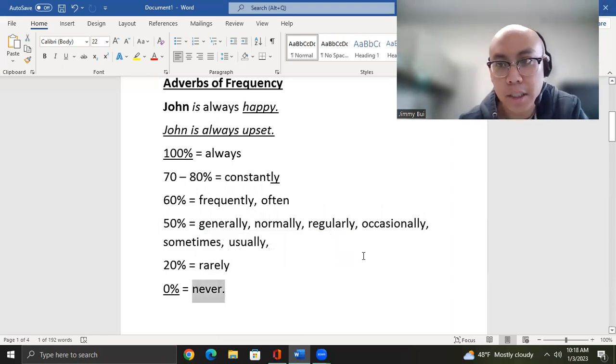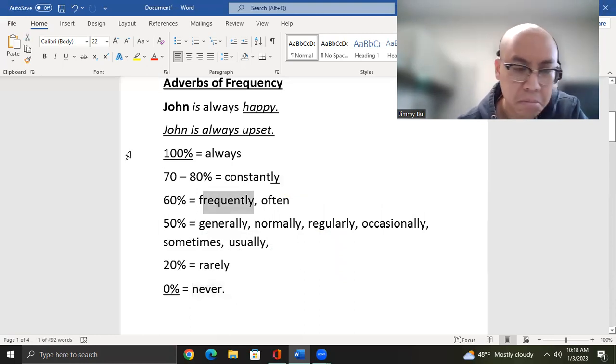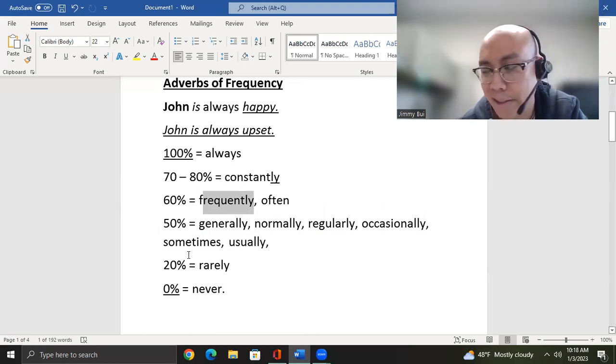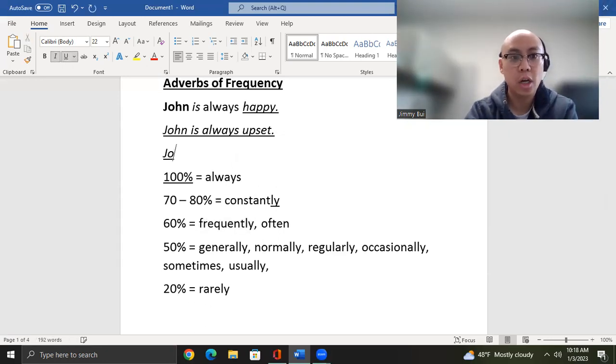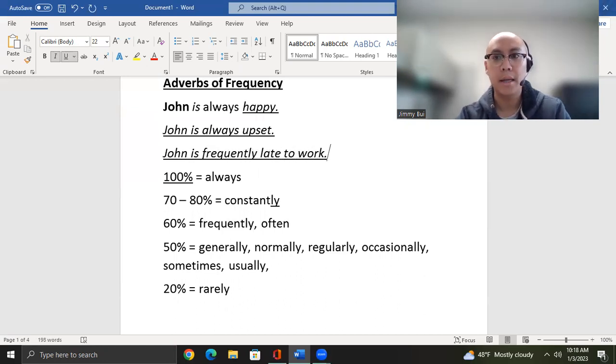Now, these percentages are my opinion. Somebody else can say, well, frequently could mean 75%. It probably is closer to that. There's no exact number. There's no absolute. So if I said John is frequently late to work, that just means it happens a lot, more than 50%, more than half the time.